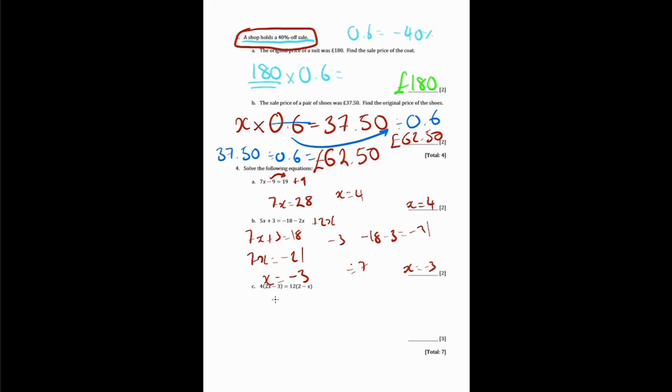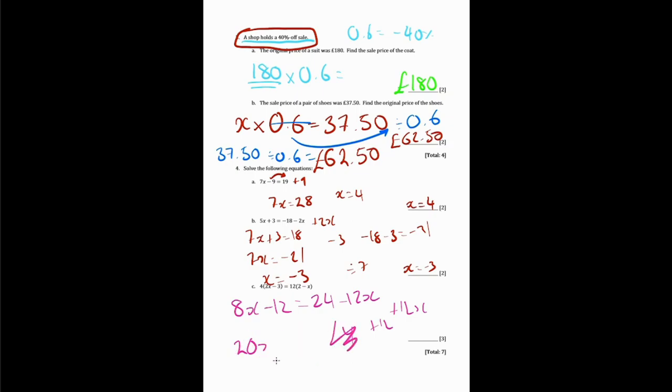First we need to expand the brackets. 8x minus 12 equals 24 minus 12x. So plus 12x each side. 20x equals minus 12 plus 24. Then plus 12 each side. Oh, sorry, that is not correct.